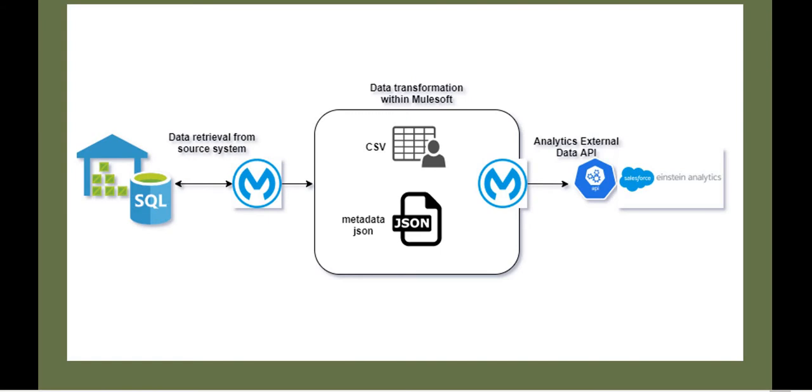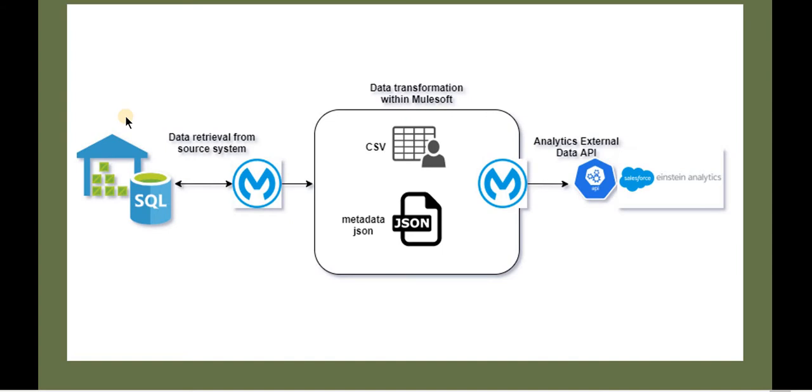The CSV file will contain the data, but the MD JSON file is going to contain the structure. It defines the structure of the CSV file. It is going to give the metadata information about the CSV file, as in how many columns you have, what the name of each column is, whether the column is a unique key column, and what the data type of the column is. We're going to see how it looks, but that's what the MD JSON file does.